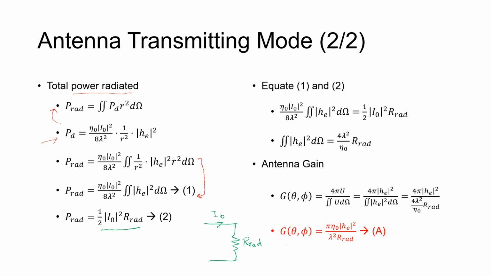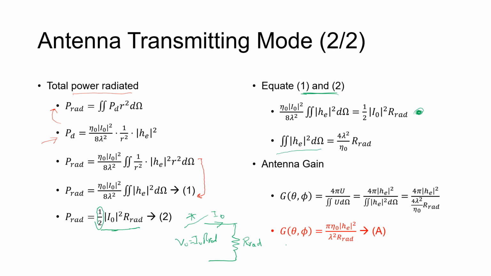Then by calculating V naught equal to I naught R radiation, and multiplying voltage with current, you can get this equation, and we divide by half to account for the RMS value. Then equate equation 1 and equation 2, make reformulation in this step, and you can get a relation for the double integral of HE squared d omega.